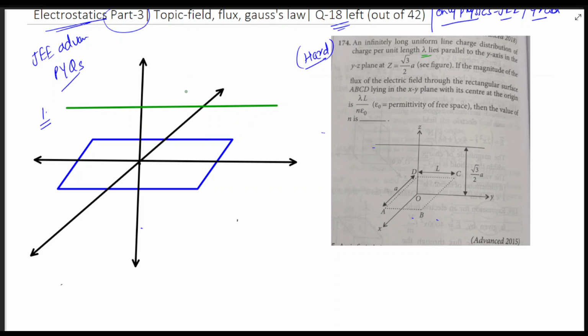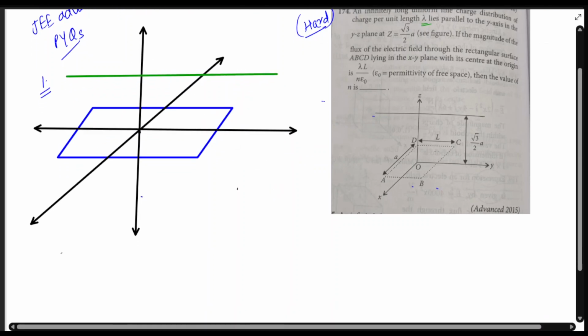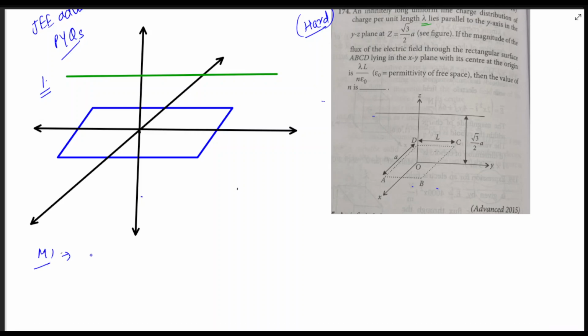For the first method, method one, we will solve it by integration. Look, this is a plate, and it's a finite length plate. So we have to use the basic method of flux, integral E dot dA. We take an integrating element whose area is dA, write the electric field there, and then integrate it.